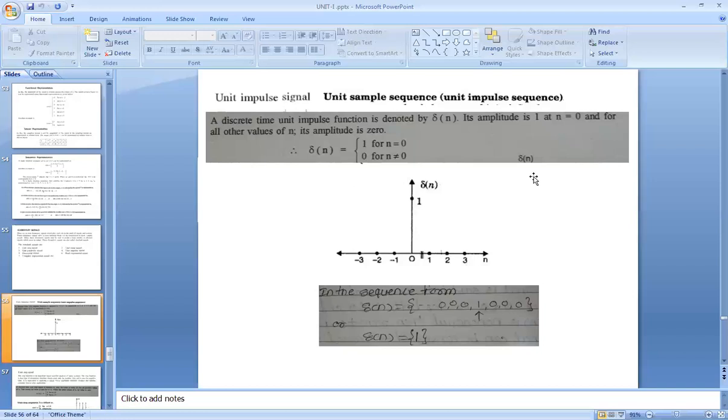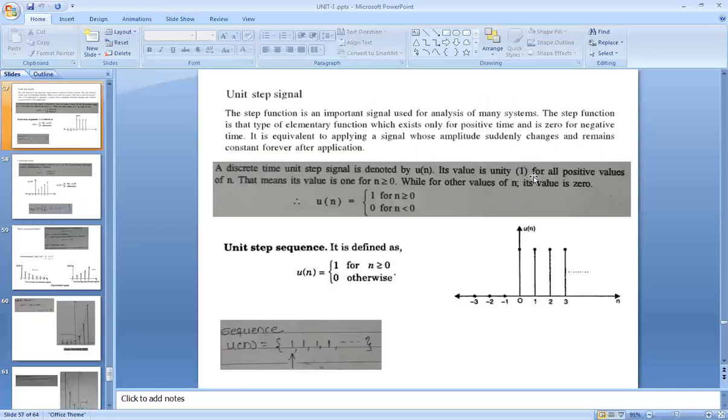Now, the unit step signal. The unit step signal is a step signal. It is denoted by u of n. Its value is unity, meaning 1, for all positive values of n.